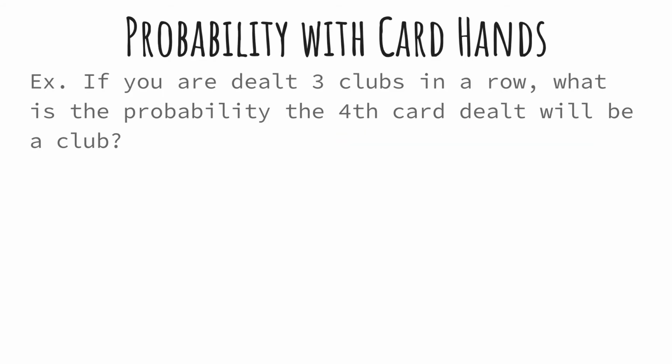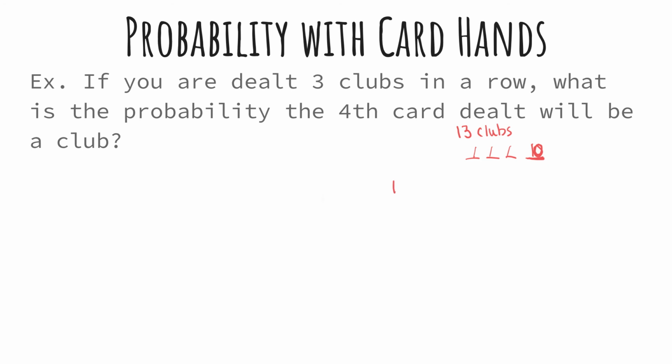Okay, last example. If you are dealt 3 clubs in a row, what's the probability that the 4th card dealt will be a club? Okay, and so remember, we have a total of 13 clubs. Well, if our first 3 cards are clubs, then that means for this 4th card, I have to take away 3 clubs, and so I only have 10 clubs left for that 4th card.